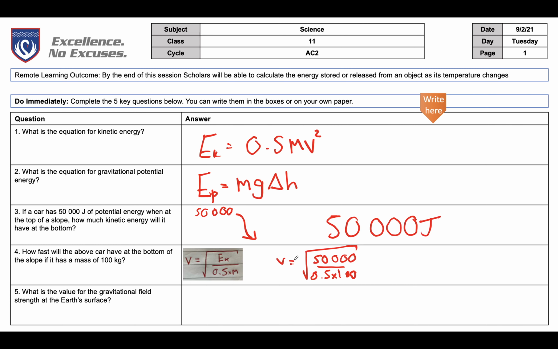I'll bang that into a calculator quick. And that gives us 31 meters per second.